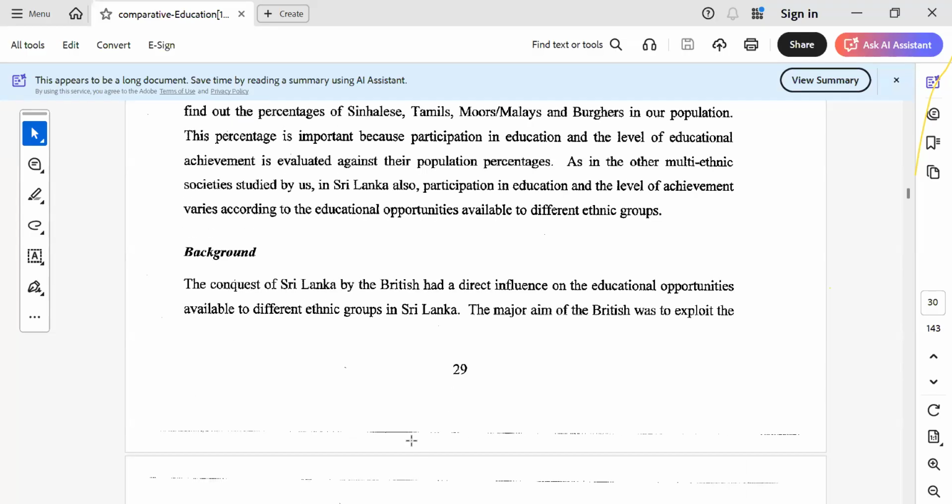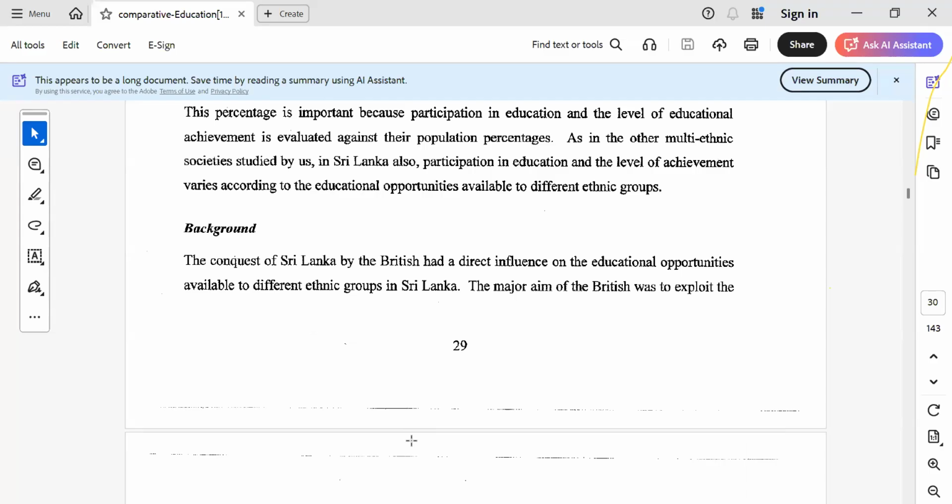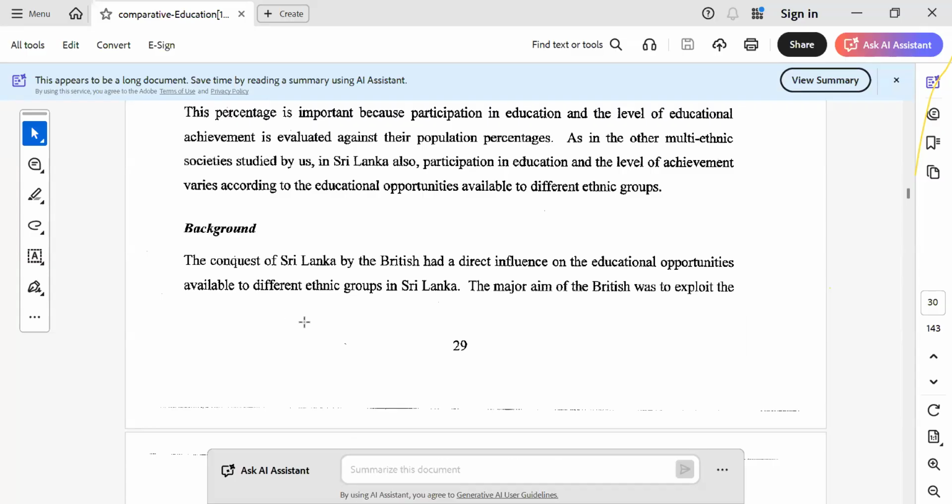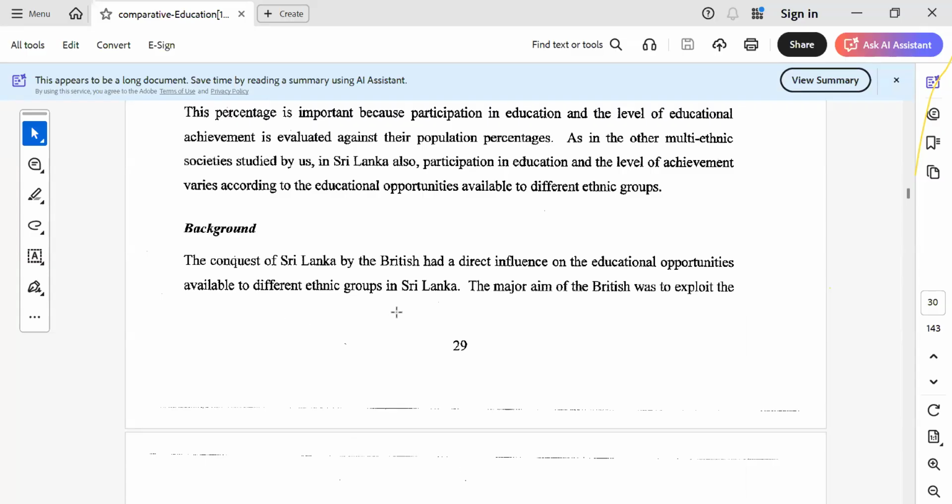So the background: the conquest of Sri Lanka by the British had a direct influence on the education opportunities available to different ethnic groups in Sri Lanka. So they established missionary schools in certain places. So those places developed. From those schools only they took the people for the working group, right?